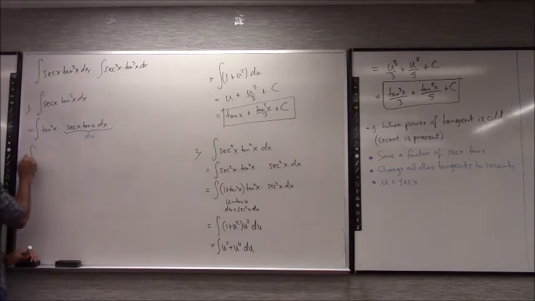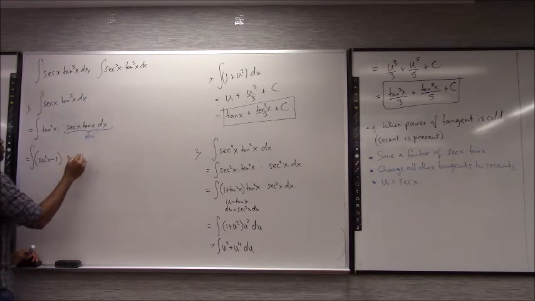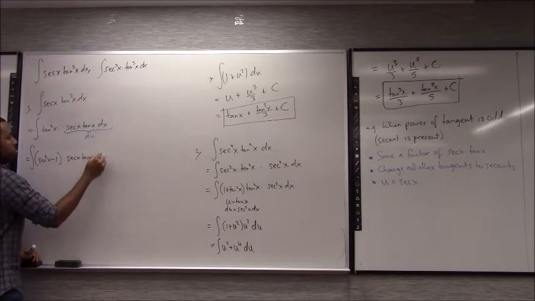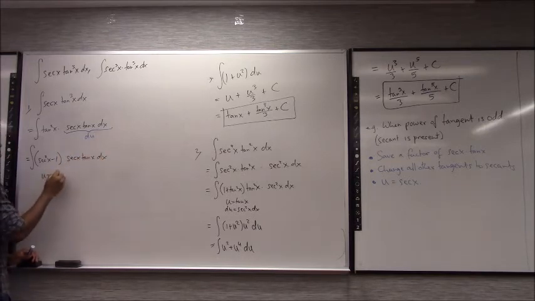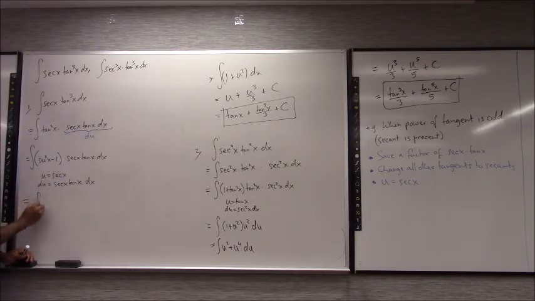So we know that tangent squared is secant squared minus 1. Derivative of secant is secant tangent. So this just becomes u squared minus 1 du.